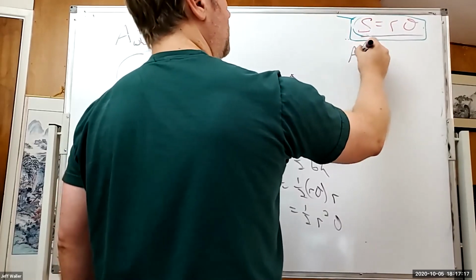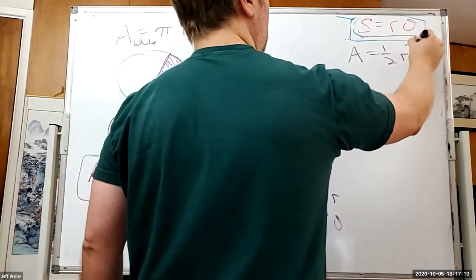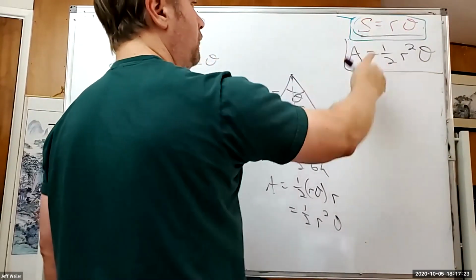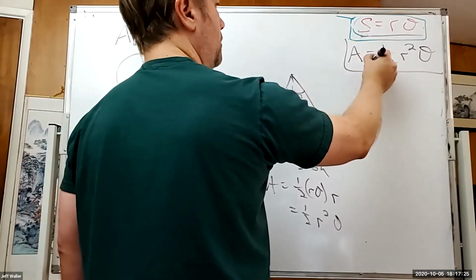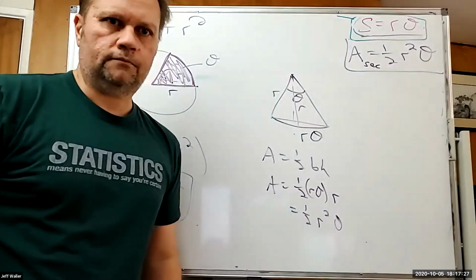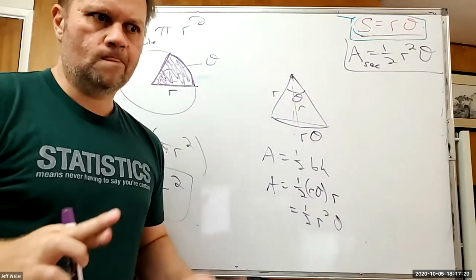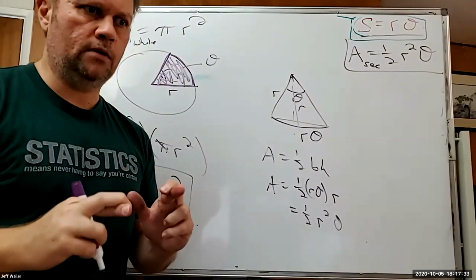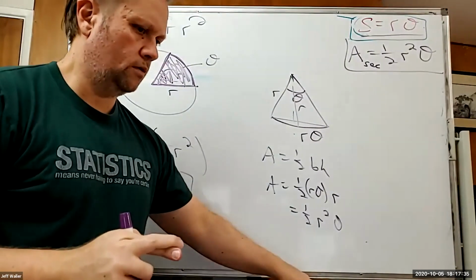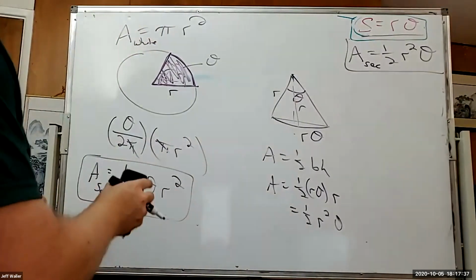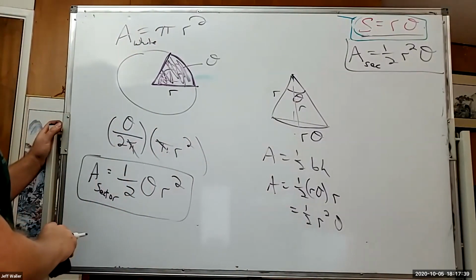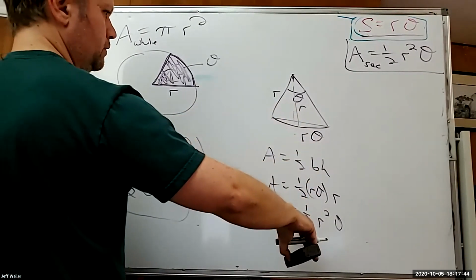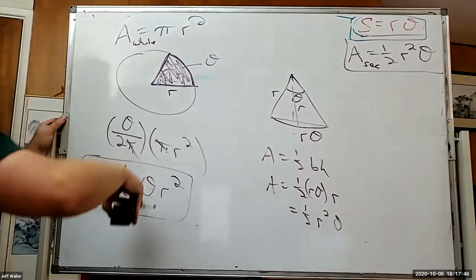Then we got this one here. If I can figure out a part of the circumference, I should be able to figure out a part of the area. Okay, maybe. All right, so this is less official, but interesting. And this is official.